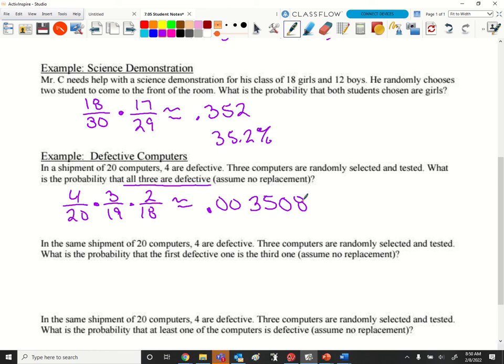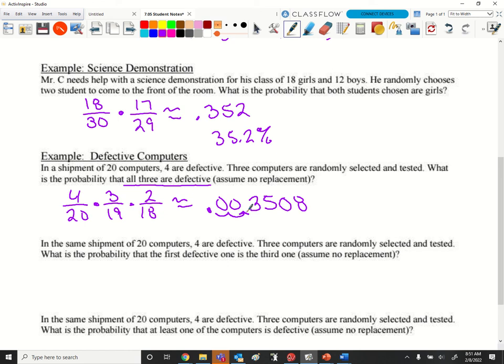As a percentage, how would I write this? 0.35, because if you turn it into percent, it goes over just 2 places. Remember, percent means out of 100.